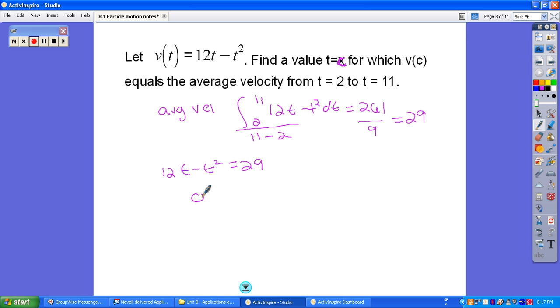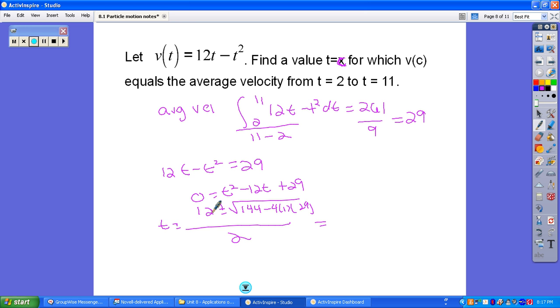So I'm going to set it equal to 0. And since we can't factor this, we would use the quadratic formula. So we'd have negative b plus or minus the square root of b squared minus 4ac all over 2a. And again, you could use your calculator to save time, but make sure you know how to do this.